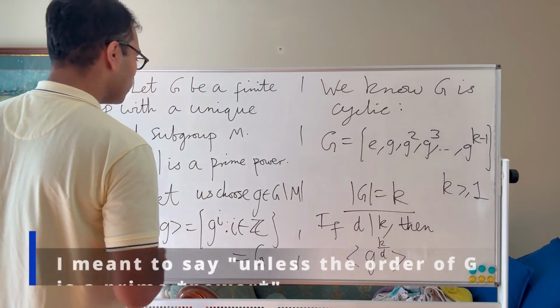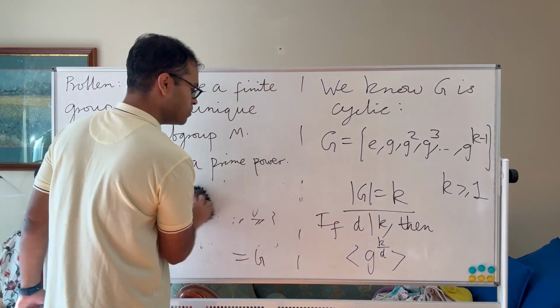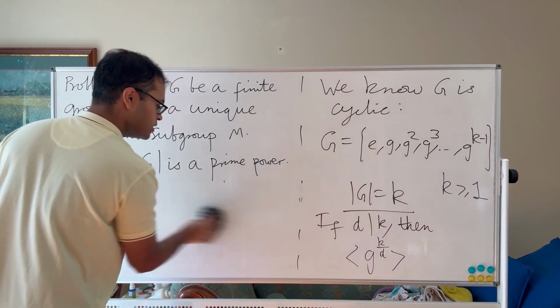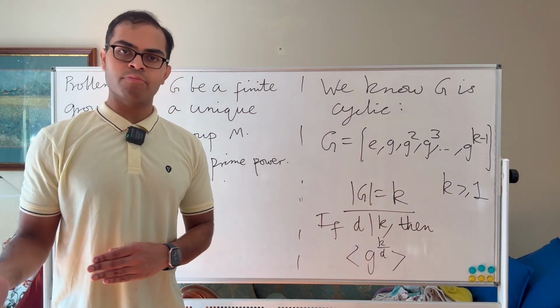Why is that? Well, I'm going to finish the proof off here. Assume that the order of G has two prime factors p and q. Then there is a subgroup of order p and a subgroup of order q.